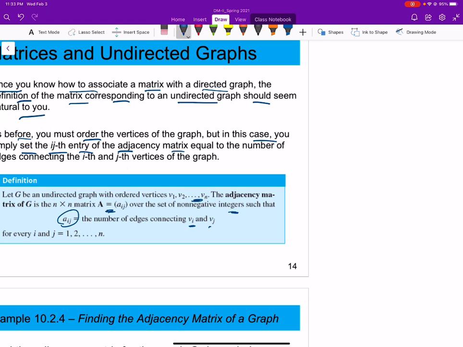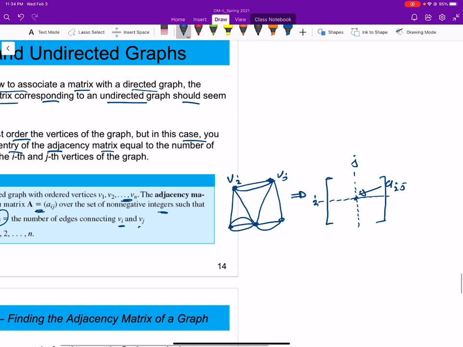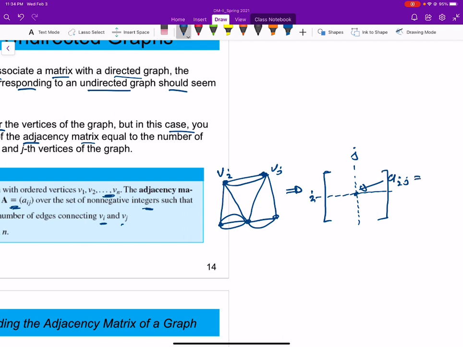Let's say you are given this graph. Let's say this is a huge graph, but I am representing a part of that. Let's say this is Vi and that is Vj. There are two edges. Now in this matrix, this is the ith row and this is the jth column, and this element is Aij, which equals 2.